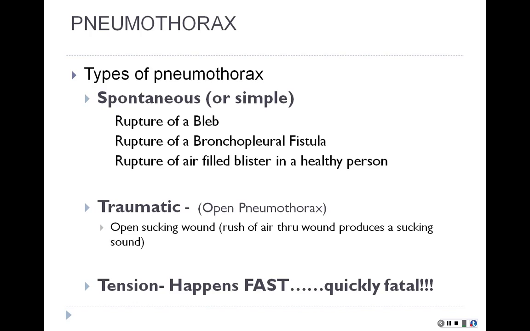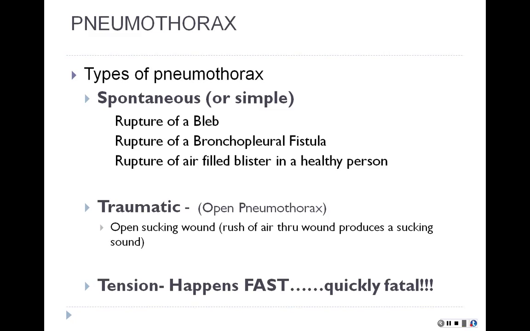Then the traumatic, that would be where we get a crushing injury, or a pipe goes through you, or a gunshot wound or whatever. That's called an open pneumothorax, and you can get that sucking wound like we were talking about, where you hear the rush of air going through and it makes that sucking sound. And there again, they'd have to put in a chest tube for that.